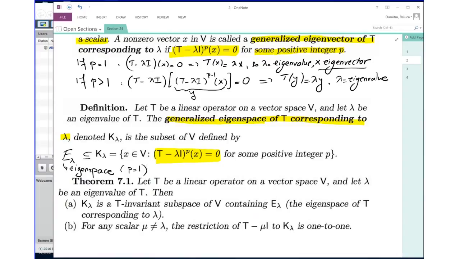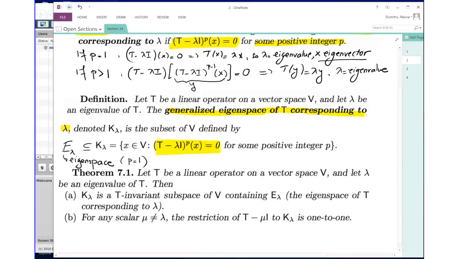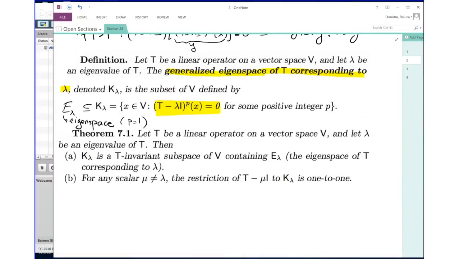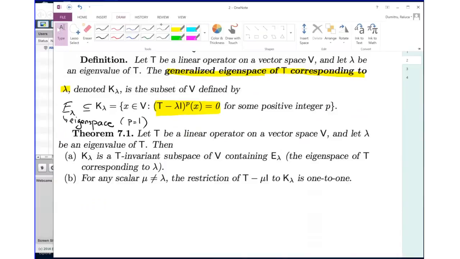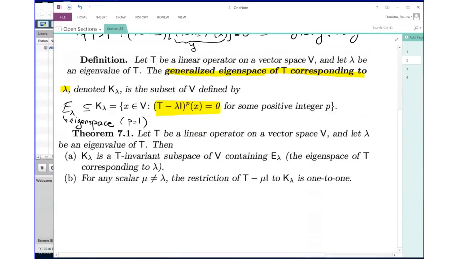Okay, so let's look a little bit into the properties of this generalized eigenspace, as those would be actually the key to constructing the Jordan canonical form of an operator. So here are the properties that they have. Now, what I'm going to try to do in this section, this is a very, very long section with a lot of proofs, and I can't even attempt to prove all of them, so I'm not going to do that.